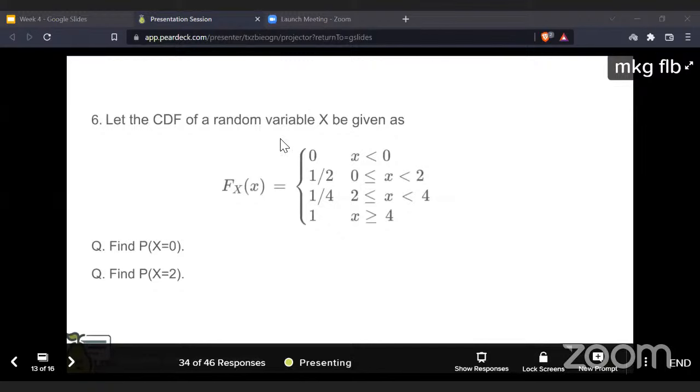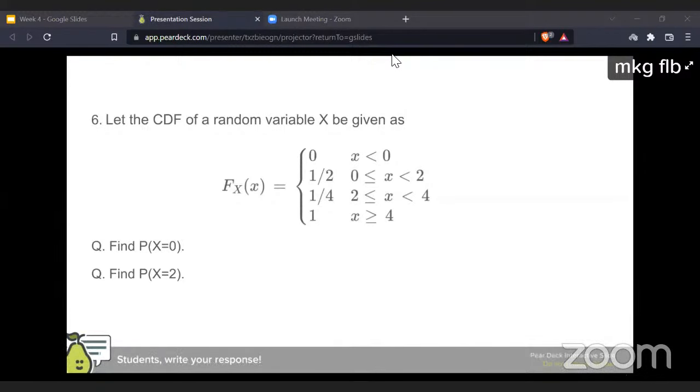This is probability at a point, right? This is probability at x equal to 2. And then if we say at x equal to 2, what is the probability? It will be 1 by 4 only, right? What is the probability at x equal to 3?